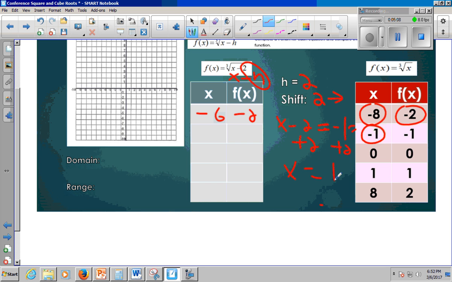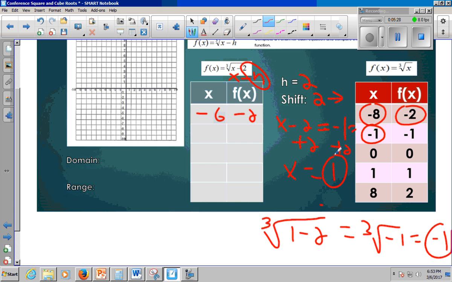So, x equals 1, and if I take the cube root of 1 minus 2, I'm actually looking at the cube root of negative 1, which equals negative 1. Okay, so again, if I add 2 to negative 1, I get 1, and my y column stays the same. So I think we've convinced ourselves at this point that because it's a shift left-right, the y column is not going to change. And because we're shifting it 2 units to the right, if we add 2 to each one of these, we're going to get our new x.